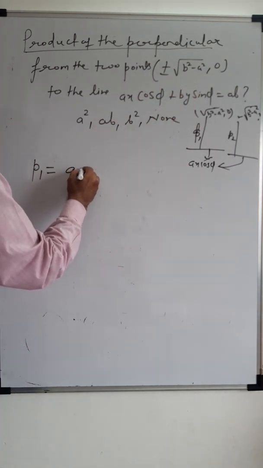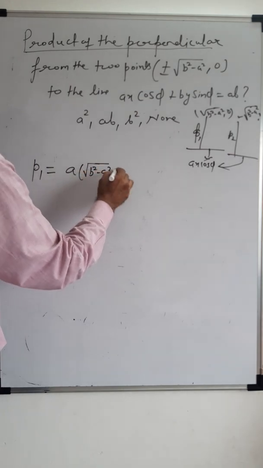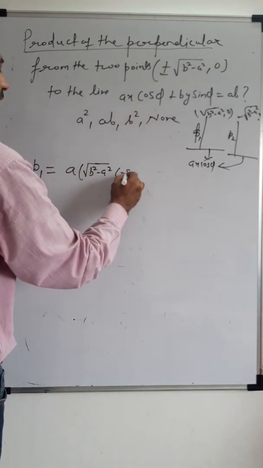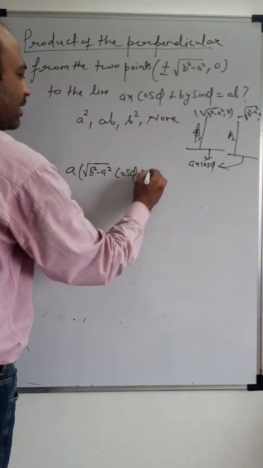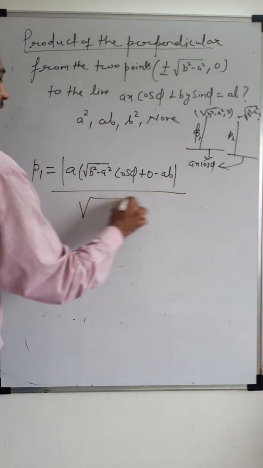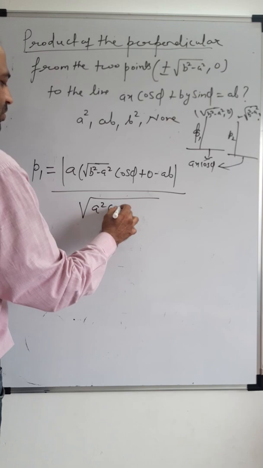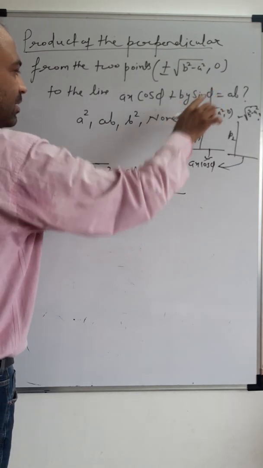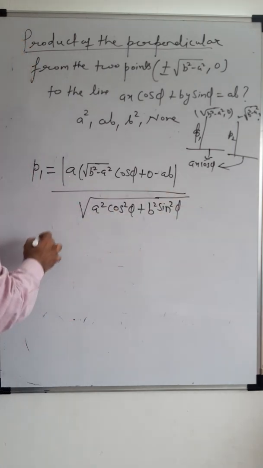So what will happen? a times root of b squared minus a squared times cos phi, plus 0, minus ab, upon root of a squared cos squared phi plus b squared sin squared phi. This came P1.